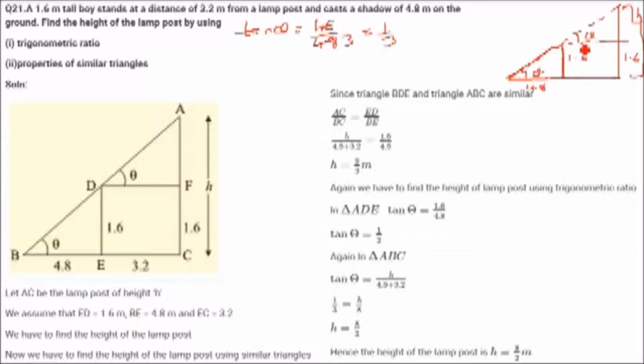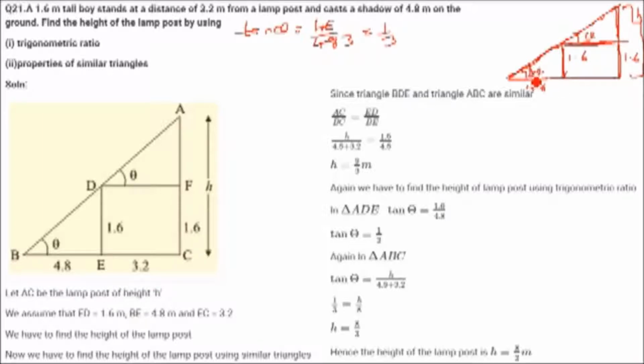Now we will apply this in the triangle. You can use this all, okay? One more thing, this is 1.6. Here we have 4.8, so let us take this whole triangle, and this is 1.6, so this will also be 1.6, and the whole is h.